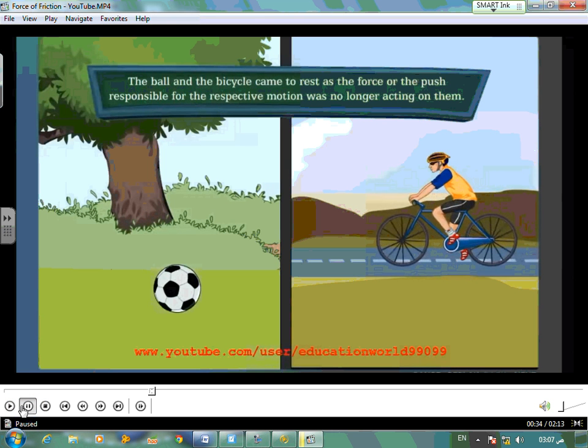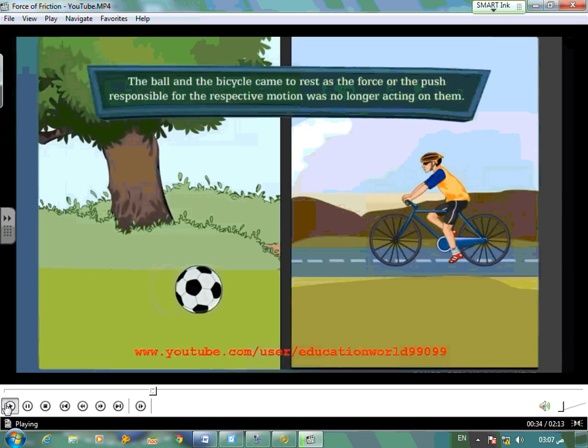Look at this picture carefully. We found the ball that rolled on the garden and the bicycle that rides on the smooth surface. We found the ball moves a short distance, but the bicycle moves for a longer distance. This is because the friction force between the ball and the garden is bigger than the friction force between the road and the bicycle.